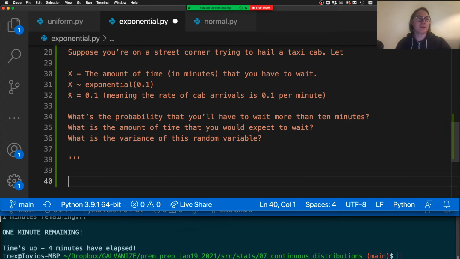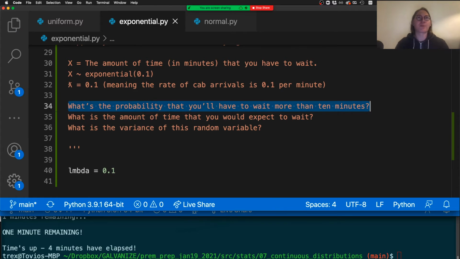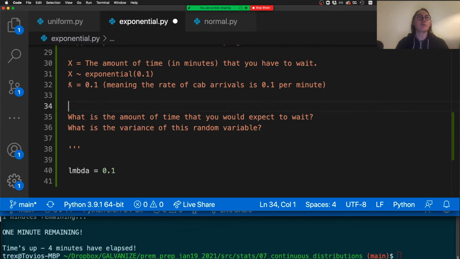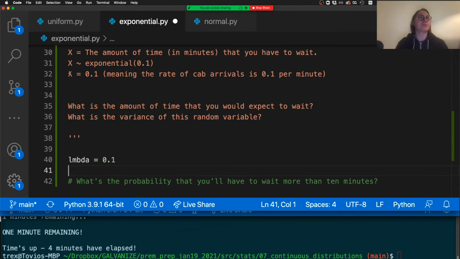Our lambda is 0.1. So why don't I just put that first, 0.1, and we're just going to apply these directly. So what's the probability that you'll have to wait for more than 10 minutes?